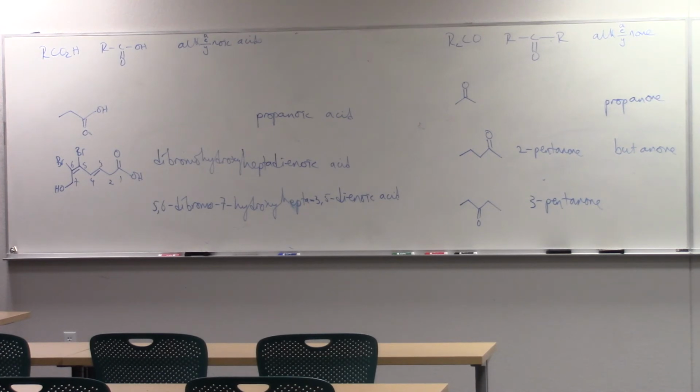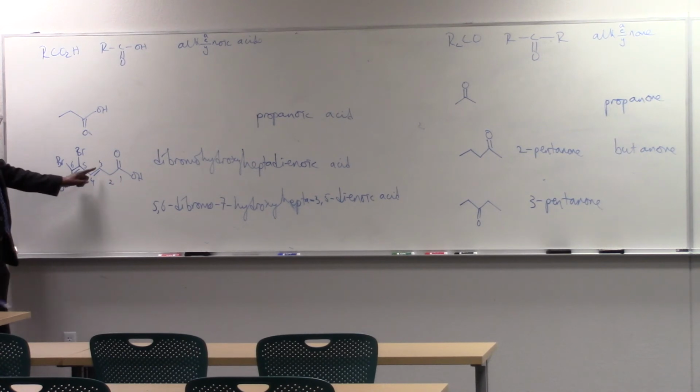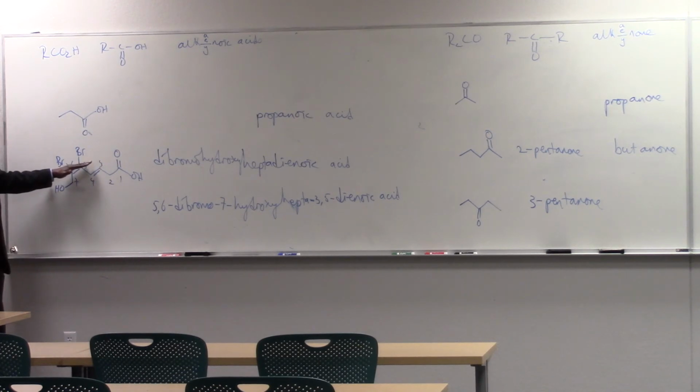I need configurations for the 2 double bonds. This could be called trans. Well, yeah, that'll work. So this would be trans, H here, opposite sides of the double bond. And this one would be cis, because the bromines are on the same side.